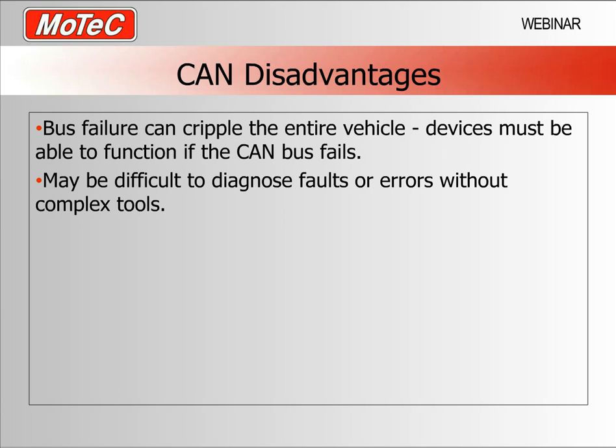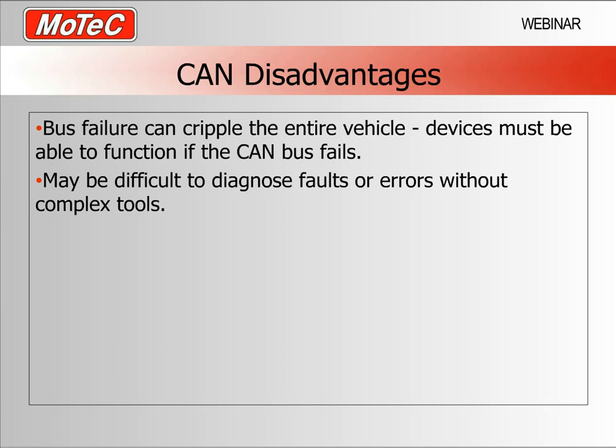If for some reason that bus fails, then the exchange of data between the ECU and the ABS system, for example, can't take place, and the vehicle is effectively useless. So it's highly critical that the CAN bus is functional, but again, it has its own error correcting strategies. So it's a disadvantage, but in practical terms, it's something that we rarely see.